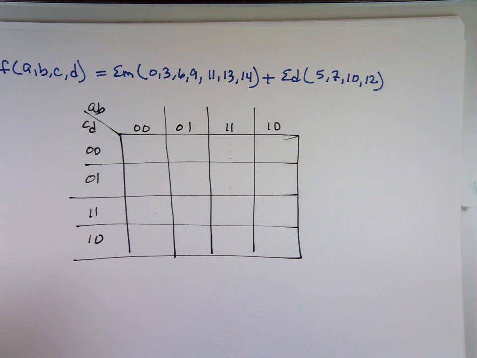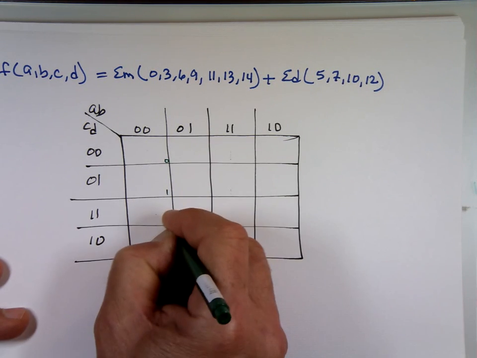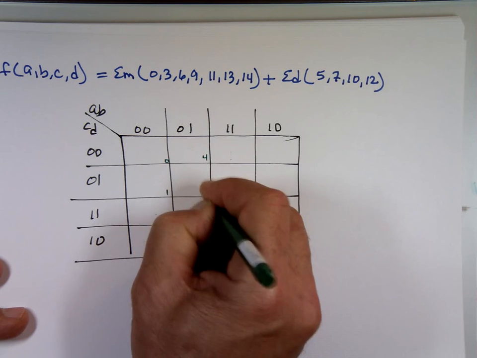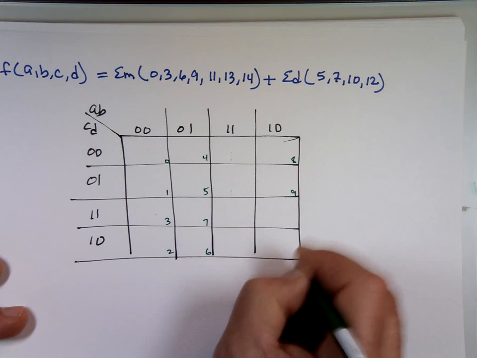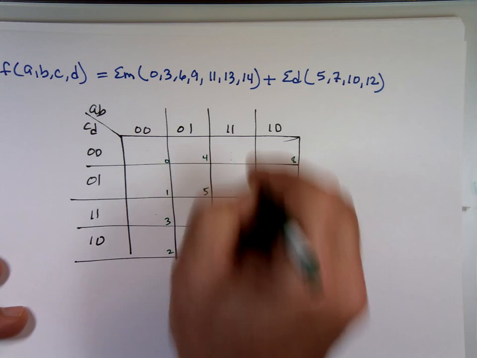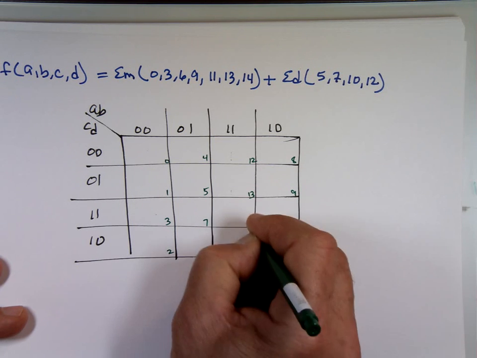Okay, the numbering again. 0, 1, 2, 3, 4, 5, 6, 7, 8, 9, 10, 11, 12, 13, 14, 15.